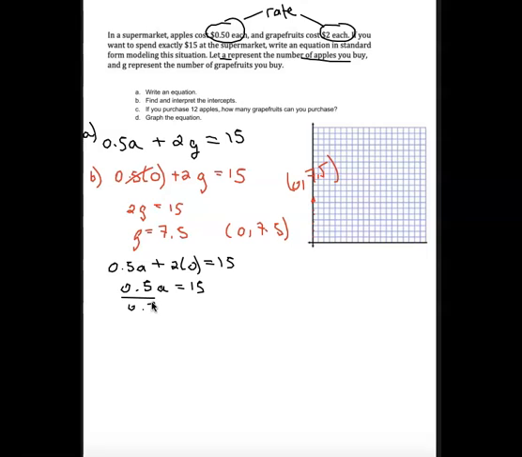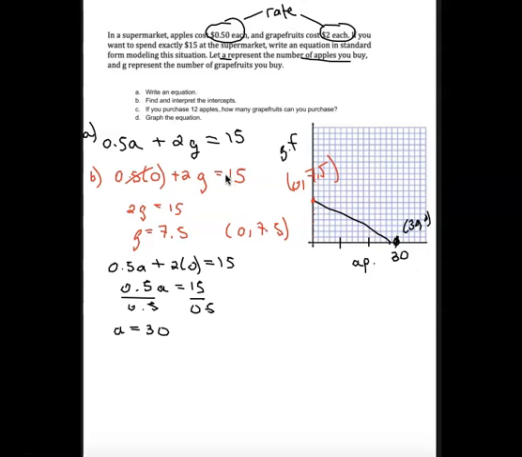Divide by 0.5, and a is equal to 30. Now, this is my apples, apples, grapefruit, and you can count whatever you want. I'm going to count by twos again. So we have 1, 2, 3, 4, 10, 20, 30. Okay, there's my 30 comma 0, and there's my line.